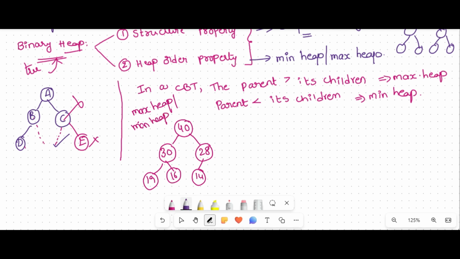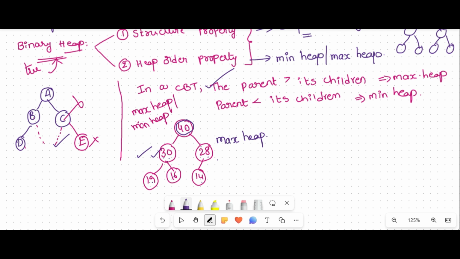Now see here, the root node is the parent and it is greater than both of its children, 30 and 28. And 30 is the parent for 19 and 16, so 30 is greater than 19 and 16. It is also satisfying: parent greater than its children. Here 28 is greater than 14. So here the parent is greater than its children. What is this called? This is called a max heap.